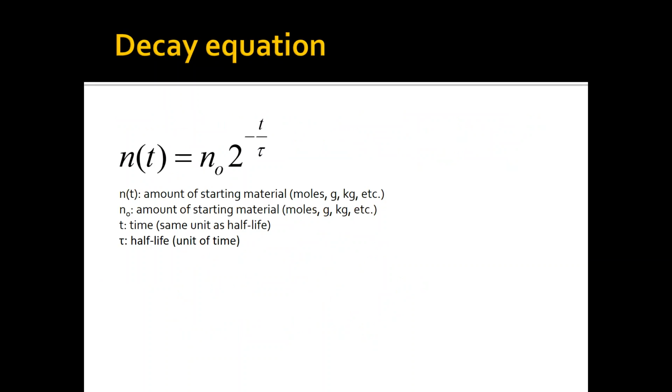This is what the half-life equation looks like. N represents the amount of stuff you have, whether it's at time t or the initial amount. And this amount can be defined in any units, as long as the units are constant, right? It can be in grams, it could be in atoms, it could be in moles.